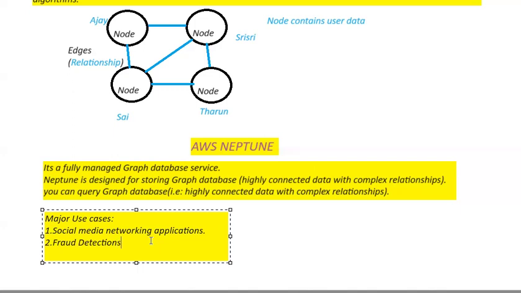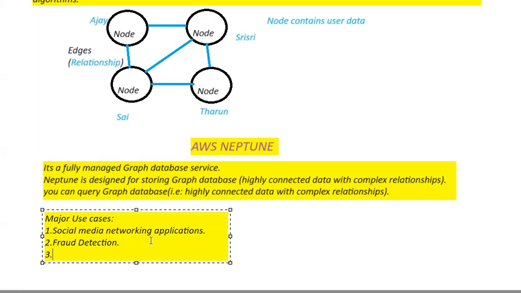This Neptune is also used for fraud detection. How is Neptune used for fraud detection? Let's say there is an election movement in your area. It may be possible that a candidate will donate money to other candidates so as to win. You can identify this.